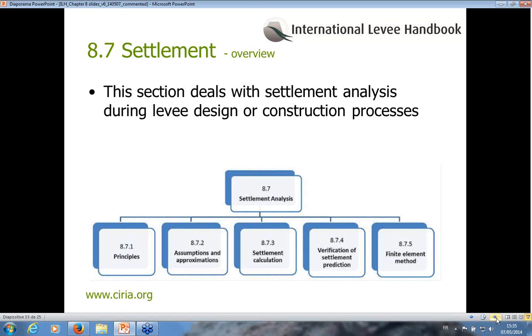Verification of settlement prediction is based on the Asaoka method. Finite element methods are referred to as complementary methods when the unidimensional assumption is no longer valid. However, it is underlined that this approach necessitates the use of complex input data, which are not always easy to collect.